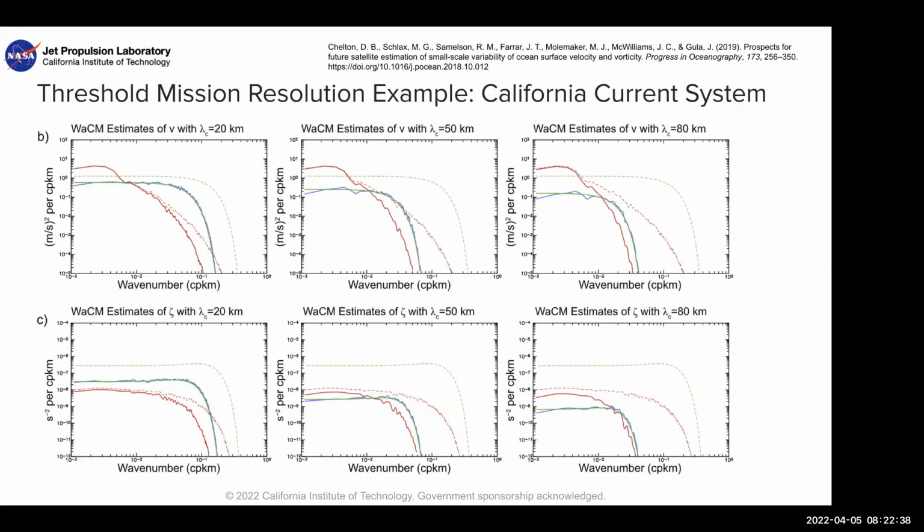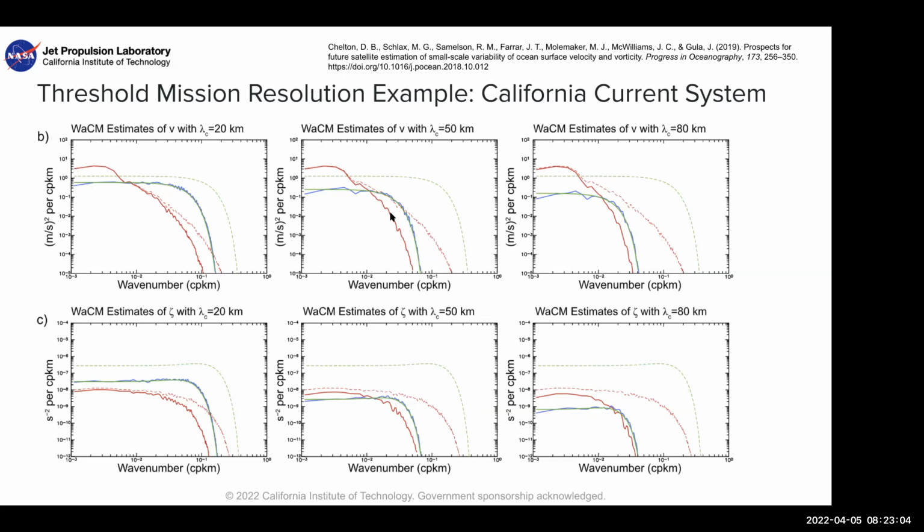So this is for the California Current System. These are the results from Dudley's simulation of the resolution. And what you see in red is the signal for the kinetic energy spectrum. On the first panel is what happens when you average spatially to 20 kilometers.